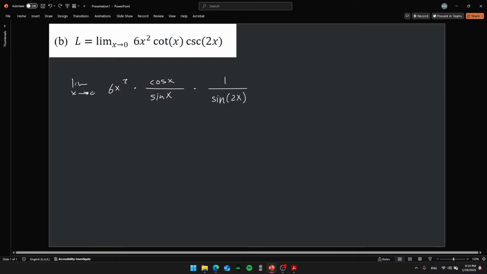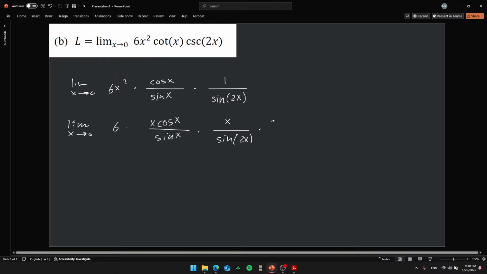But you can distribute the x squared over this fraction and this fraction. So every fraction gets one x. So 6 times x cosine x over sine x times x over sine 2x.